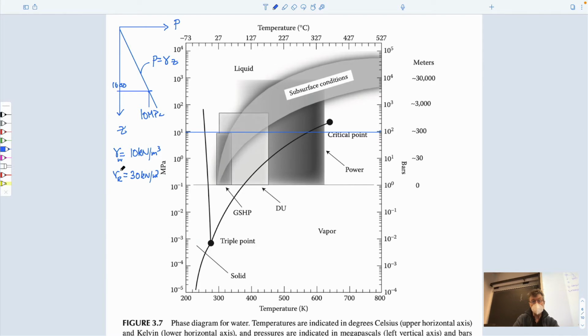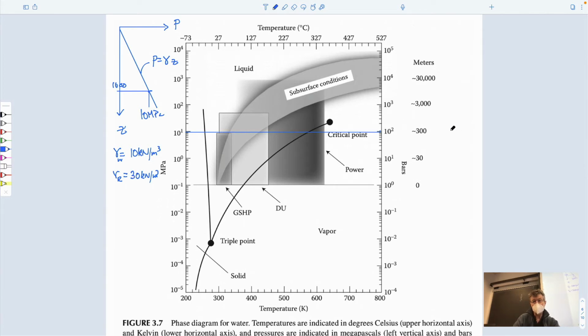Because the unit weight of rock is 3 times that, the same stress at depth in the crust would be equivalent to a third of the height of water, right? If the density of water is 1,000 kilograms per cubic meter and the density of rock is 3,000 kilograms per cubic meter, you only have to go a third of the depth down.